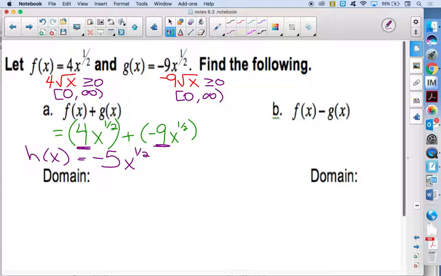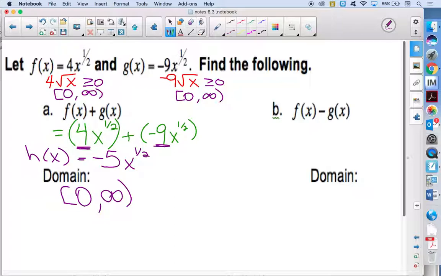Could you leave that as negative 5 square root of x? You could, but considering they gave it to us as an exponent, the answer usually correlates with however it started. If it started with a radical, then my answer would remain a radical. And then the domain, well, both domains were 0 to infinity, so this domain is going to be 0 to infinity, including the 0, so bracket with the 0.